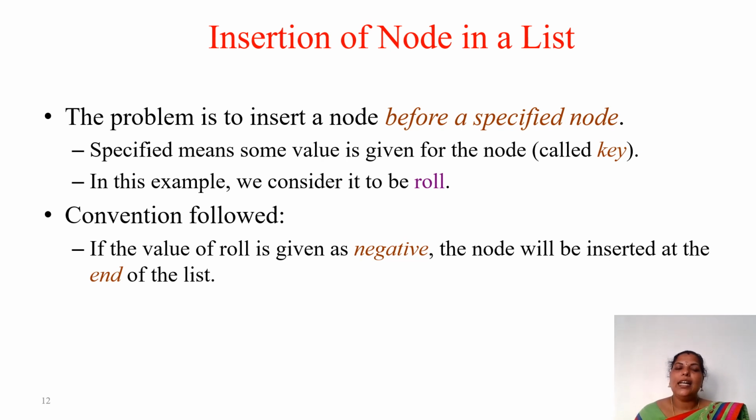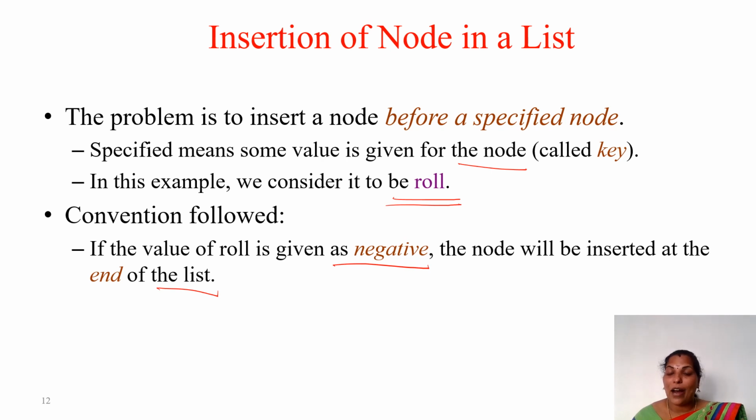So what we need here is a specified node, meaning some value is given for the node. In our example we have 3 elements in one node, so we have to consider any one of the elements as a key. Here we are considering the roll number as the key. The convention we follow in our code is, if the value of the roll is given as negative, then the node will be inserted at the end of the list.